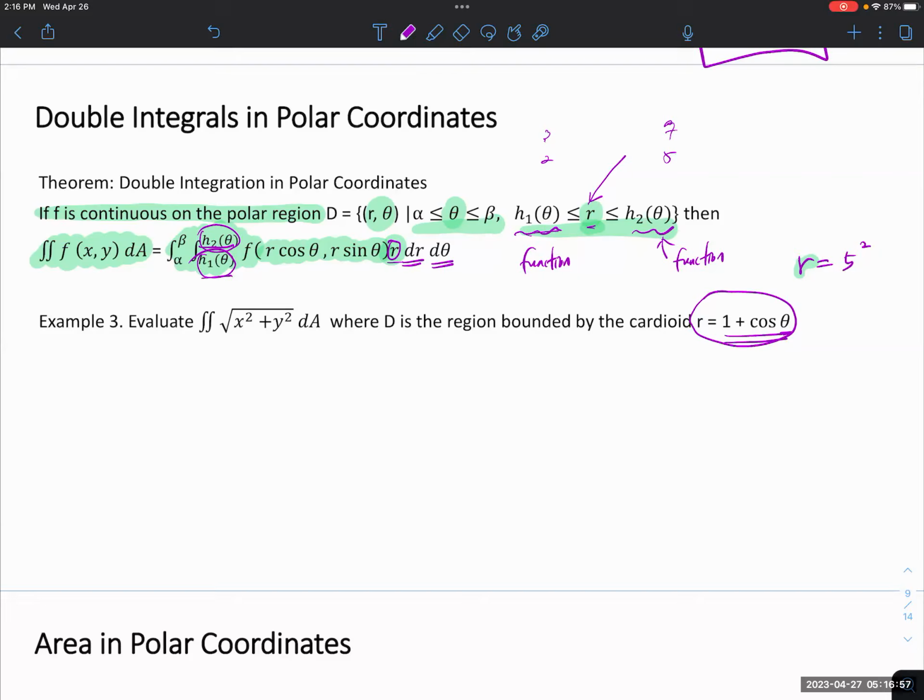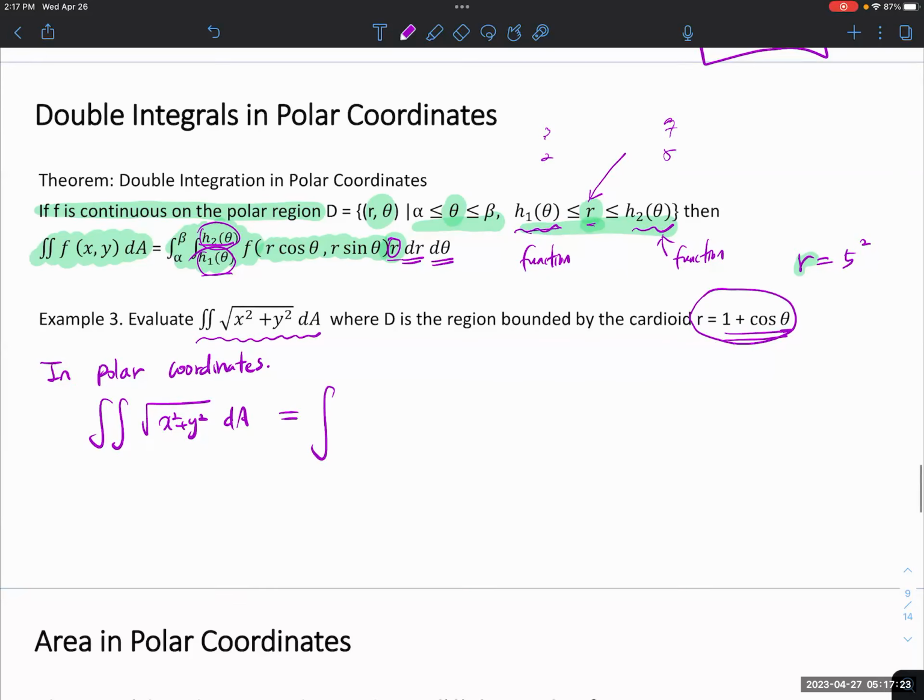So step by step, I do have this function. This is rectangular because I do see x and y. I want to convert it to polar coordinates. The equation must be changing, but here we go.